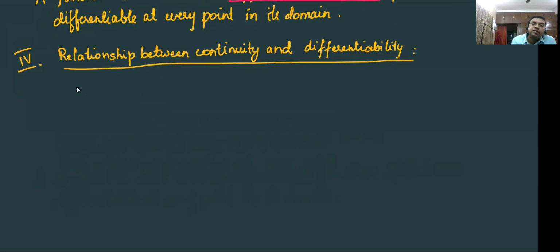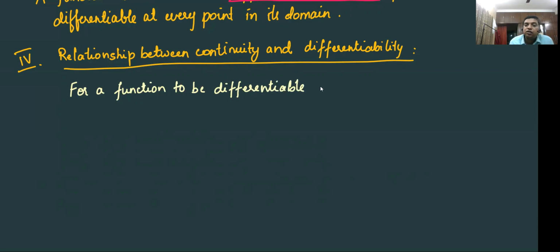So you can say, for a function to be differentiable at a point, the following conditions must be satisfied.